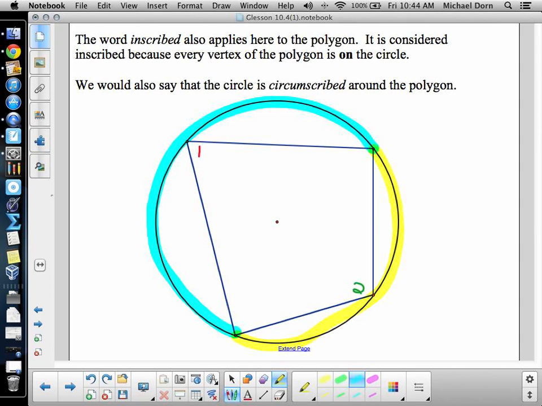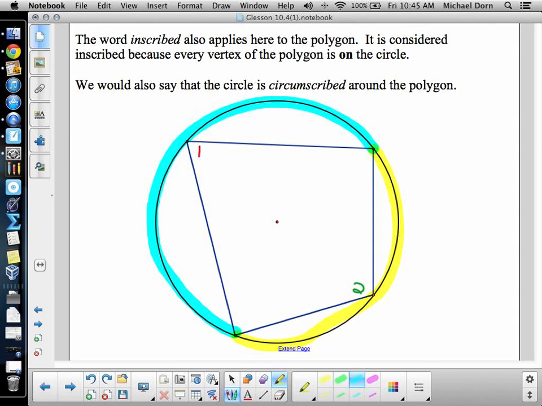But the arcs add up to the whole circle, don't they? So the angles must add up to how many degrees? Inscribed angles are half the arc, so if the sum of the arcs is 360, the sum of the angles has to be 180. The same would hold true for angle 3 and angle 4. So if I have an inscribed quadrilateral, the opposite angles must be supplementary.